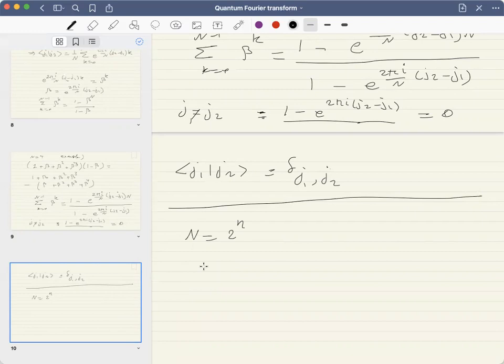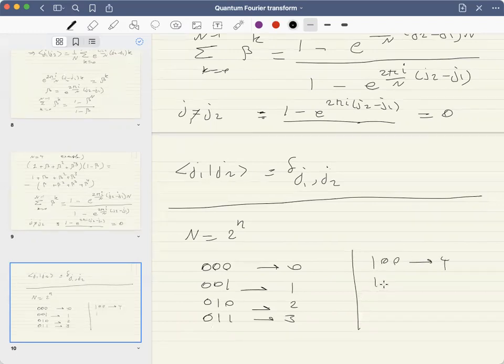So I can imagine, for example, if you have 3 qubits, let's say 0, 0, 0, I call it 0, 0, 0, 1, I call it 1, 0, 1, 0, I call it 2, 0, 1, 1, I call it 3, 1, 0, 0, 4, 1, 0, 1, 5, 1, 1, 0, 6, 1, 1, 1, 7. So these are the states of individual qubits. That's some label we give to the entire basis state for a bunch of qubits.